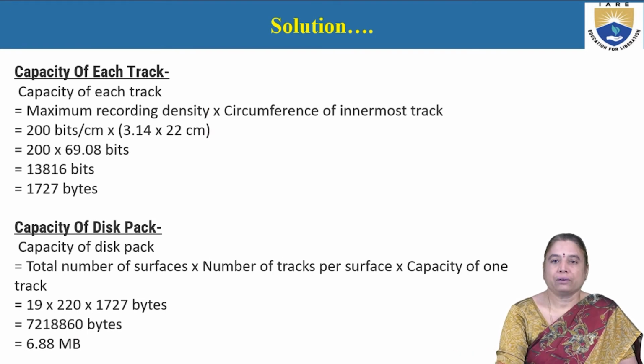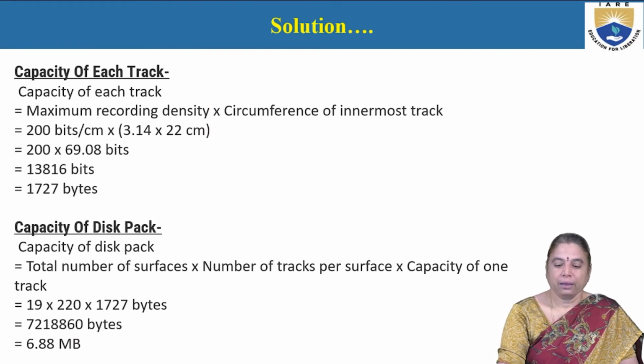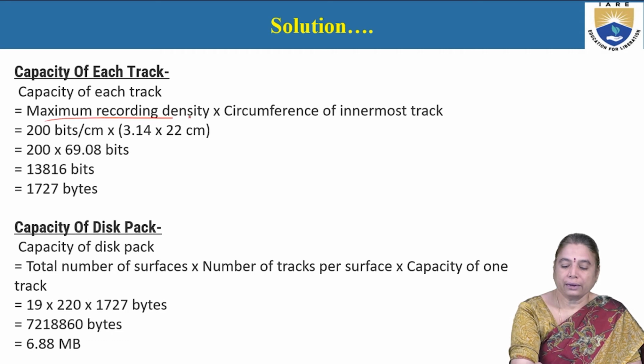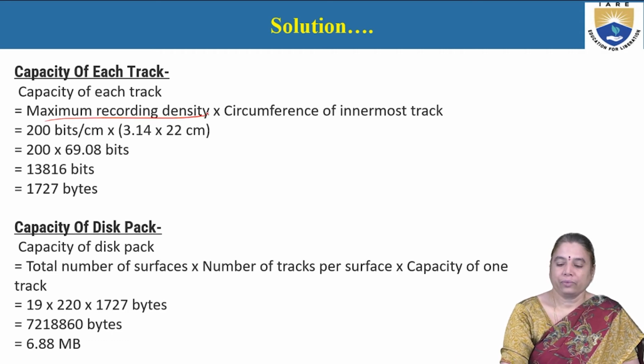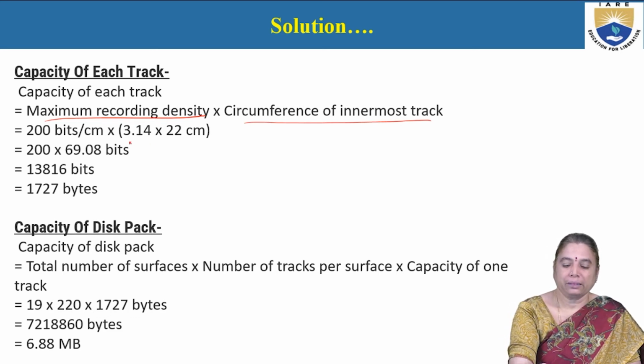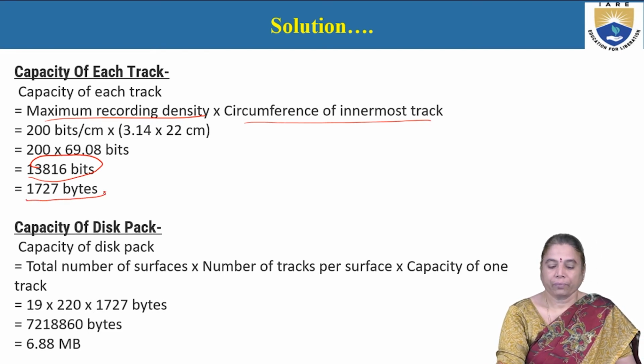And capacity of each track can be calculated. Maximum recording density multiplied by circumference of innermost track. So 200 bits per centimeter multiplied by 3.14 into 22 centimeter. So which can be 13,816 bits. So 1727 bytes.